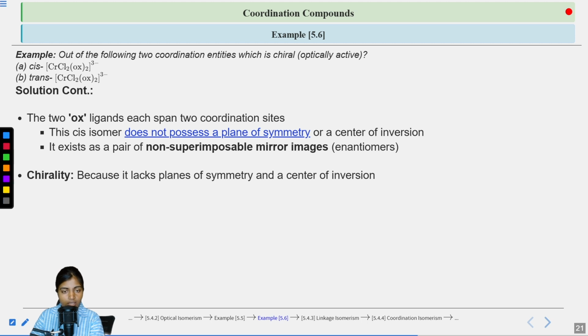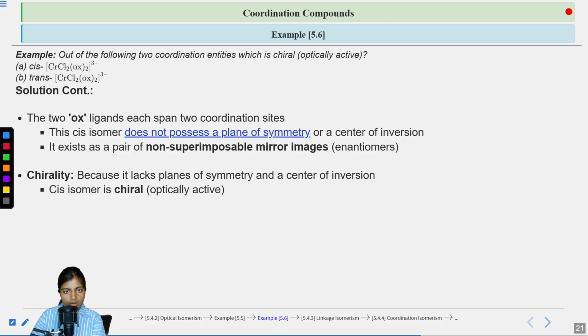Let's check the chirality. Because it lacks the plane of symmetry and a center of inversion, the cis isomer is chiral. That means optically active. Okay, because this is not containing any kind of plane of symmetry and center of inversion. Plane of symmetry, I explained.